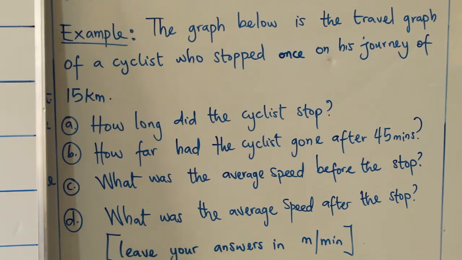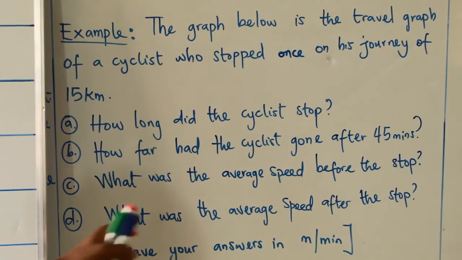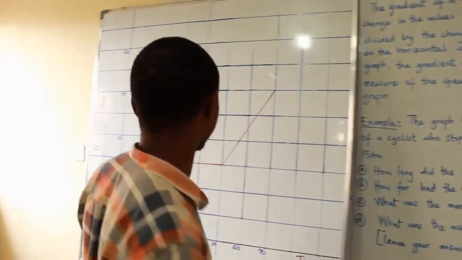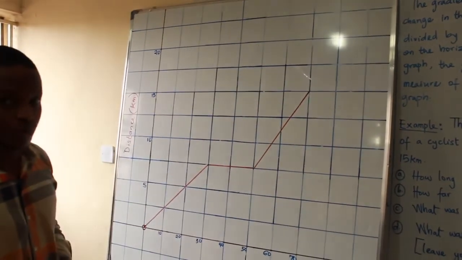The next question is, what was the average speed? Now we're talking about average speed. We're going to apply the gradient. What was the average speed before the stop, and what was the average speed after the stop? We're going to leave our answers in meters per minute, but let's get to the graph to know what to do.